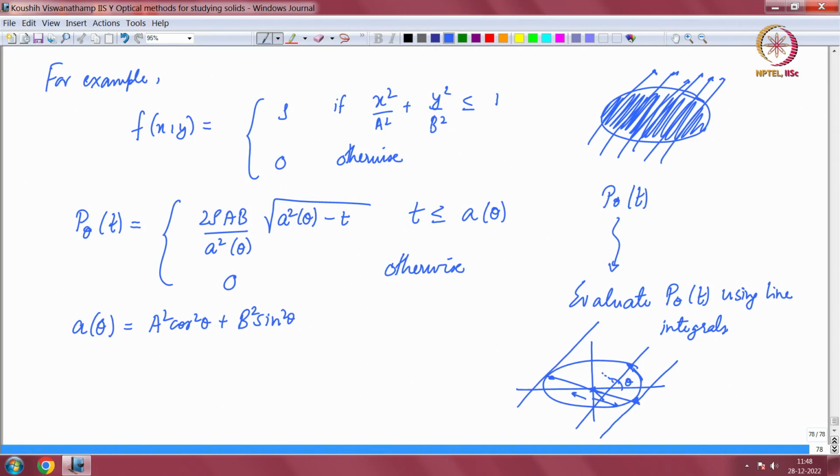So, the reason I put this example out is because this representation of what is inside here is intuitive. F of x y is rho inside, 0 otherwise, that is our actual object. So, its representation in this form is intuitive, but is absolutely equivalent to a representation of this form.